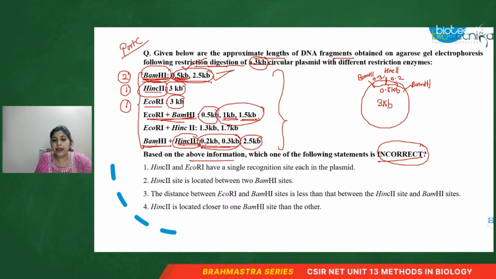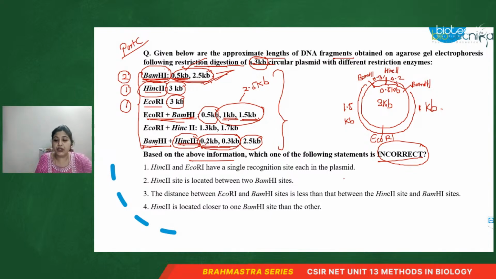If I add them, I get 2.5 kb, which is the fragment I get when I perform the restriction digestion with BamHI only. That means this EcoRI site is present in this 2.5 kb region. So let's say we put the EcoRI site over here. On one side you will get a 1.5 kb fragment, and on the other side a 1 kb fragment.